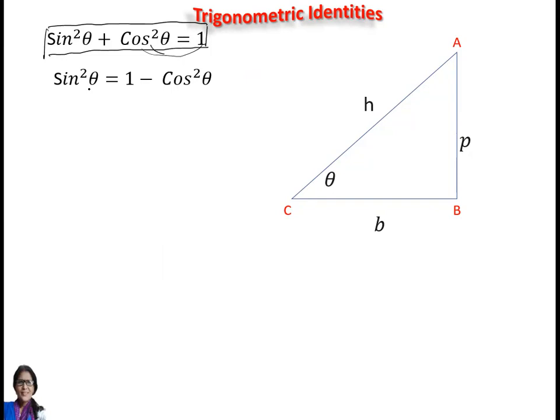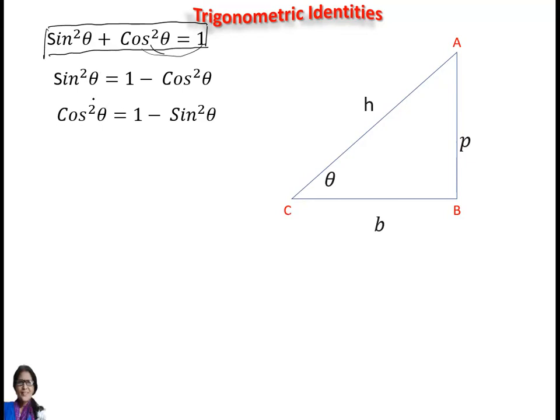So instead of sin square theta, I can write 1 minus cos square theta when I need to convert sin to cos. Similarly, if I want to change cos square theta to sin square theta, I'll write 1 minus sin square theta. So these are the two more relations we are getting from one relation.